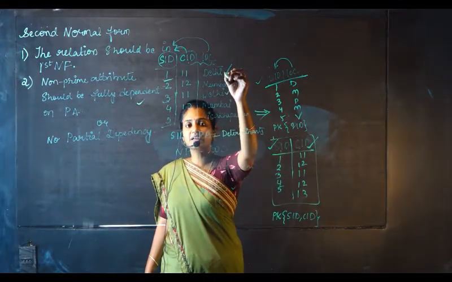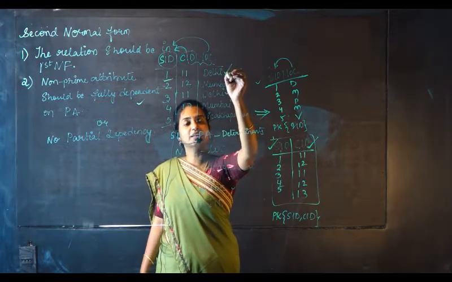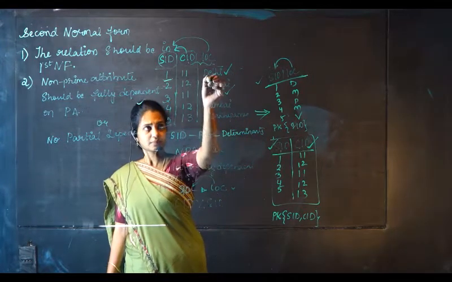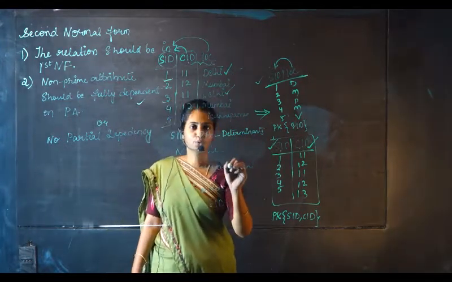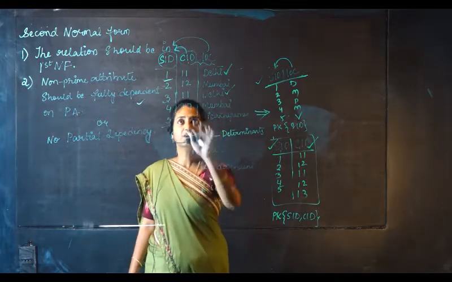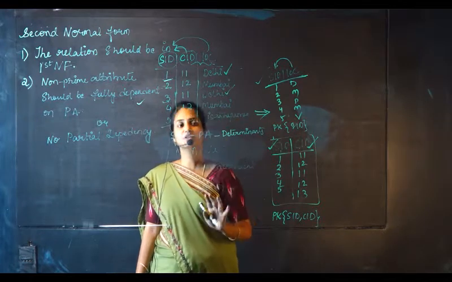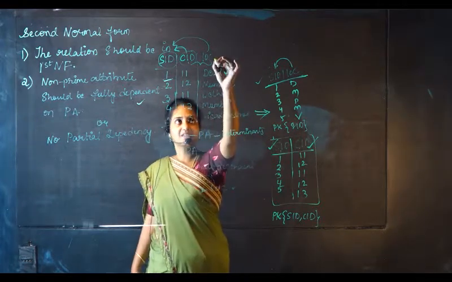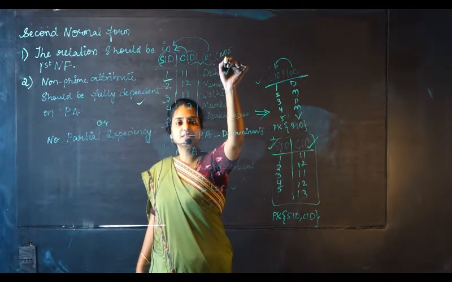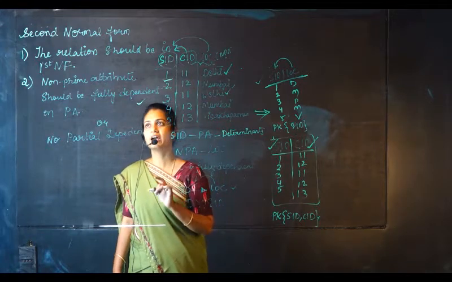See here, the location values are getting repeated. Delhi. Can you identify which particular student is residing in Delhi? You have two different students residing in Delhi, so you cannot uniquely identify any student using the location. That is why this is a non-prime attribute, and it can be known through SID, which is a prime attribute.